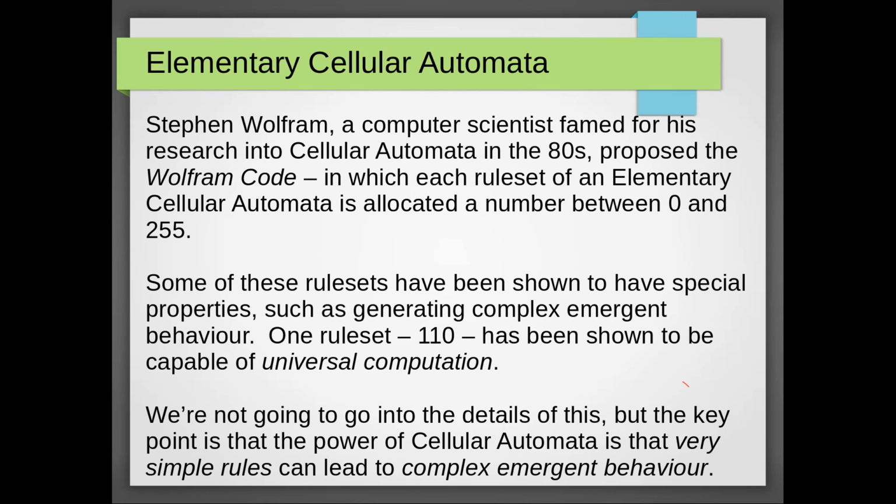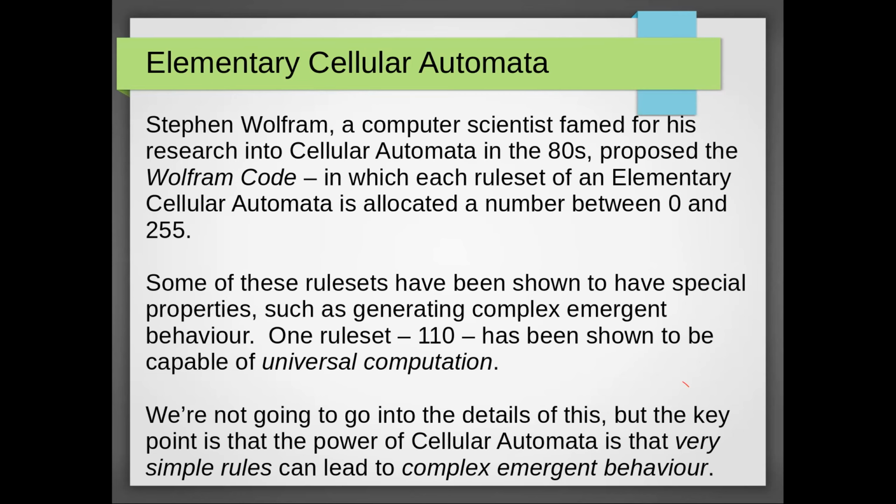Now, Stephen Wolfram, who was a big name in cellular automata and agent-based simulation, was a computer scientist very famed for his research into cellular automata, particularly in the 80s, and proposed something called the Wolfram Code, in which each rule set of these elementary cellular automata is allocated a number between 0 and 255. We've already established there are 256 possible rule sets.